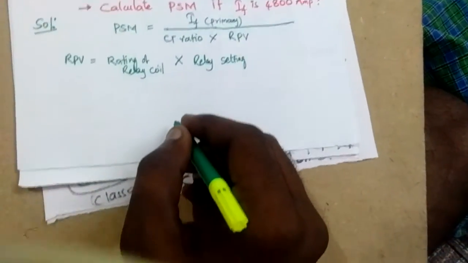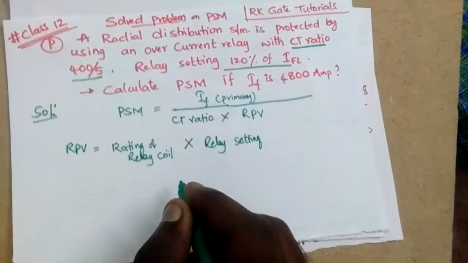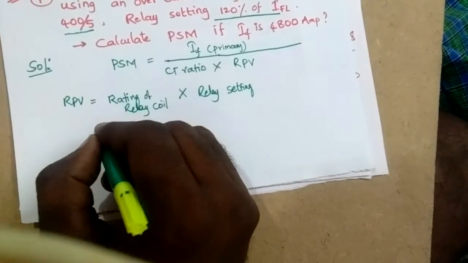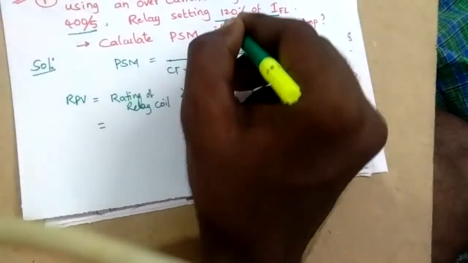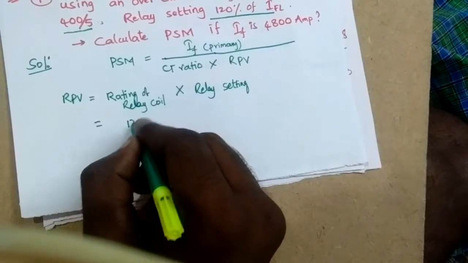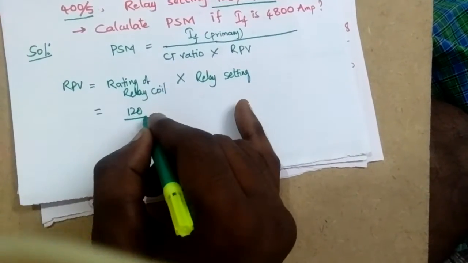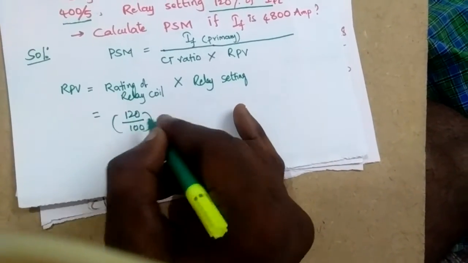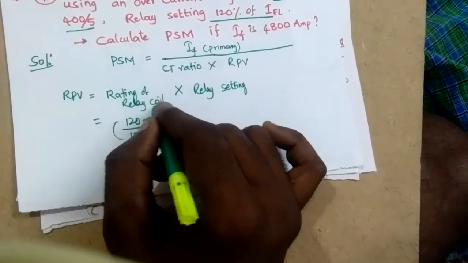So let us now calculate this. First, relay setting K is already given directly, that is 120%. So 120% in the sense 120 by 100, multiplied by rating of the relay coil.